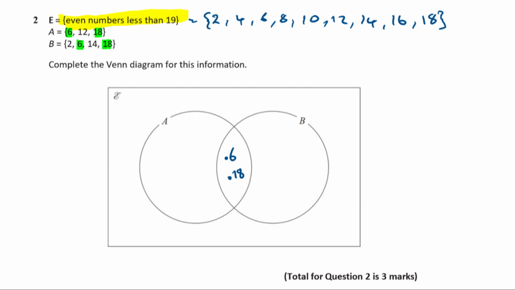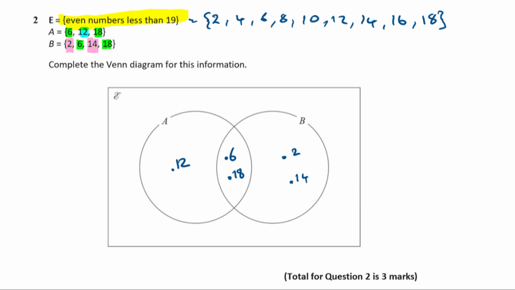Okay, now I've got one number left over in the set A. Okay, so that's going to have to go here. Look, so inside set A, but outside the intersection. And then with B, I've got 2 and 14, so they belong inside set B, but not in the intersection, so 2 and 14 belong here.